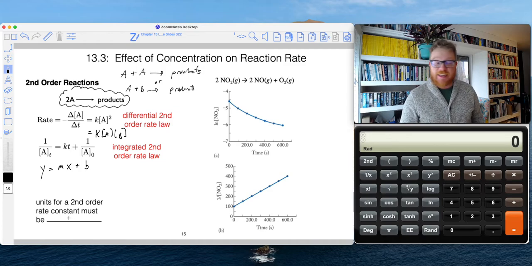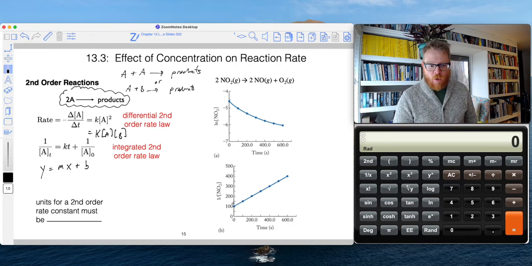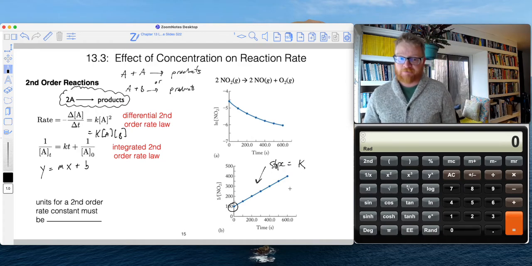And what we would see here is that for second order reactions, if you plot 1 over concentration on the y-axis, you get a straight line where the y-intercept is 1 over the initial concentration, and the slope is still the rate constant, which is very cool.